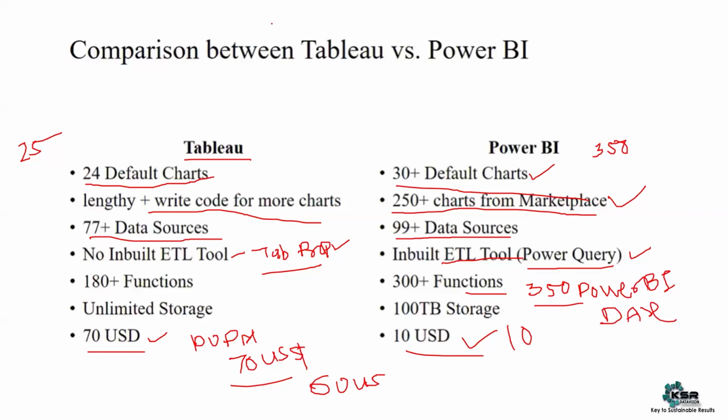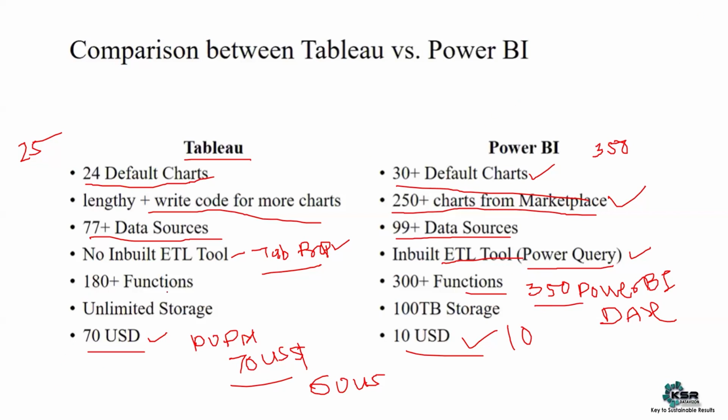There are around 350 DAX functions available. Now the question comes, do we use all these 350 DAX functions? No, 120 DAX functions are frequently used. There are many DAX functions which were recently introduced in the last 1 year, last 2 years. Those functions are rarely used, but we have the flexibility to have 350 DAX formulas.